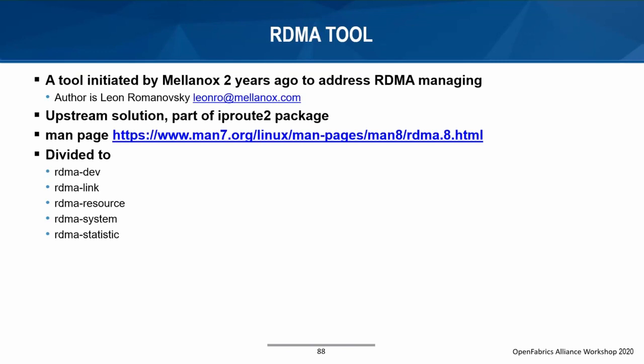It's an upstream solution. It's part of iproute2. So if you download iproute2, which contains, I guess, 80 to 90% of the networking tools inside Linux, you'll get it. It has ip link and tc and devlink, which I'll talk about in the last slide. This is the man page. And if you jump to the next slide, we'll see some samples of this tool.